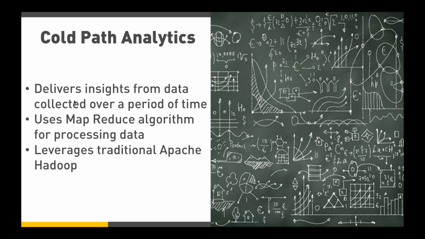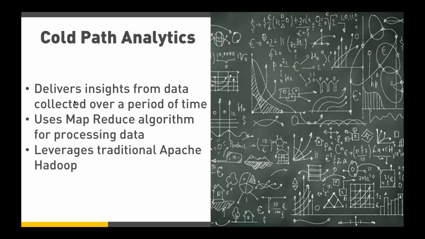But obviously you cannot find the fuel efficiency of a car or a fleet of cars in real time. You have to collect the data of mileage over a period of time, and then process that to find out which of the cars is more fuel efficient and which path this car has been taking more often.